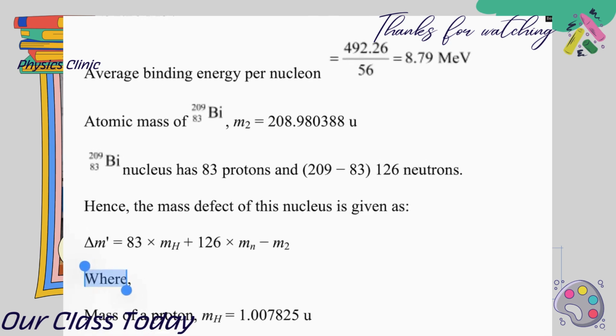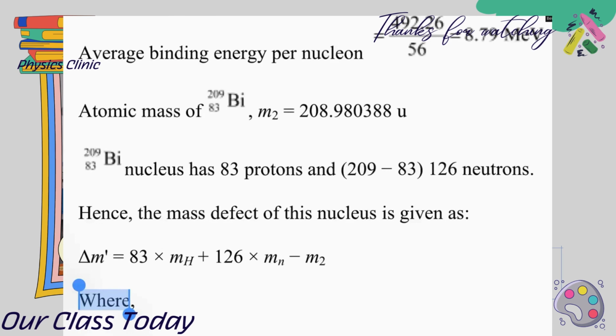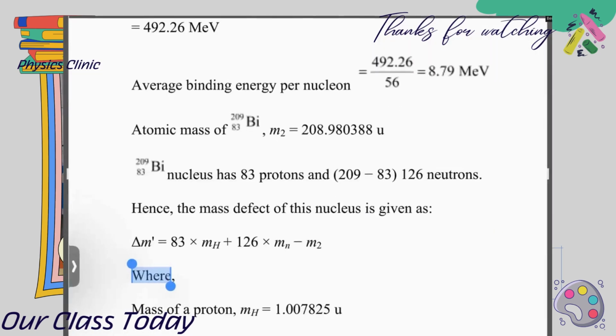So bismuth, what is the mass number given? 209. And what is the atomic number? 83. From this, you can easily find the proton number and the neutron number. Based on that, you can easily find the mass difference. I'll give you the flow chart right now. First of all, keep in mind: from the atomic number, you are going to find the proton number.